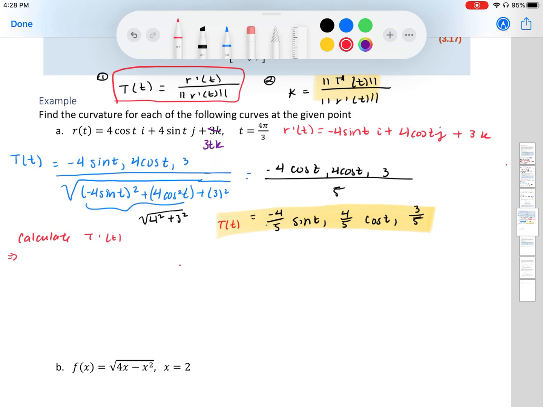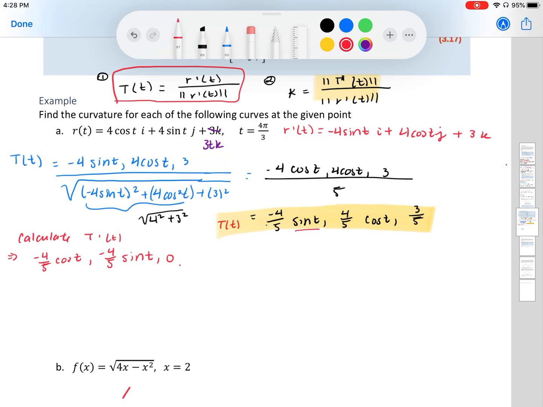Okay, let's take the derivative. We're left with negative 4 over 5 cosine t, and then negative 4 over 5 sine t. Derivative of a constant is 0.